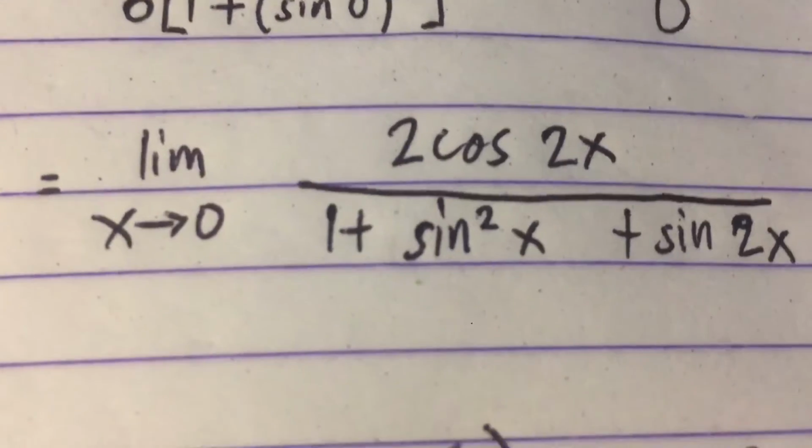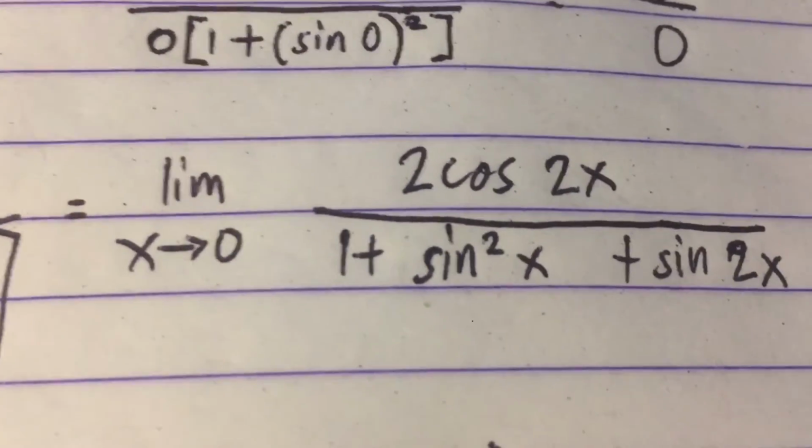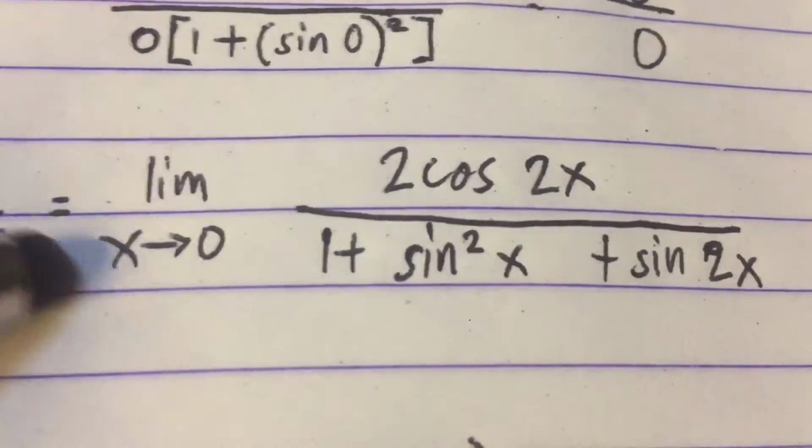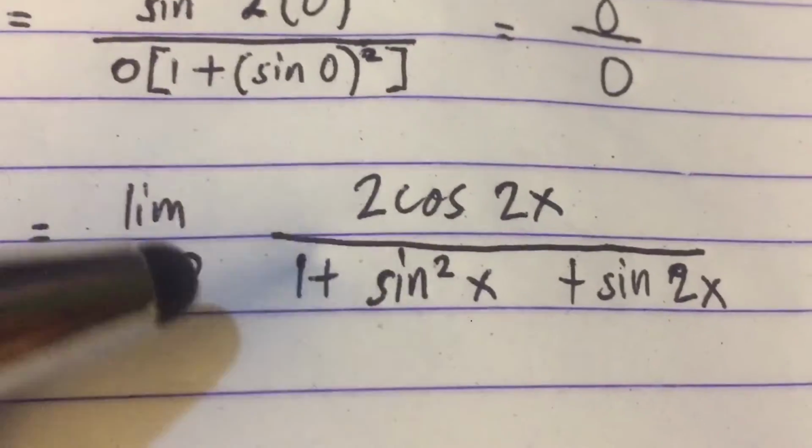We now have the limit of f prime of x over g prime of x as x approaches c, which is 0 here.